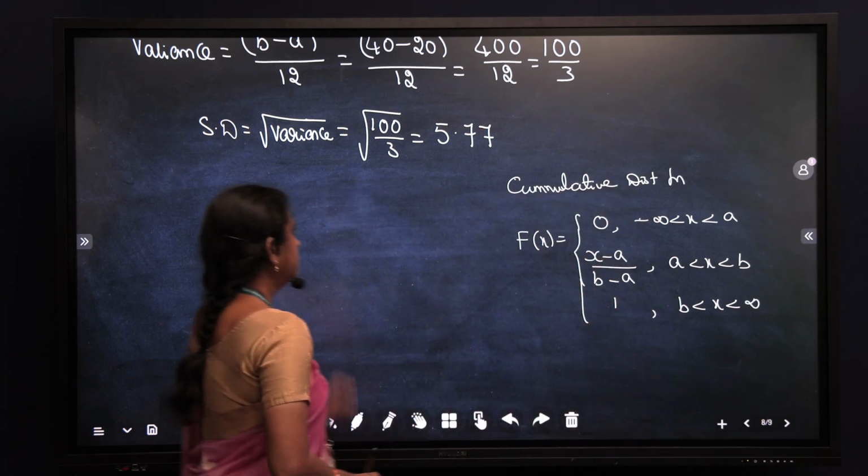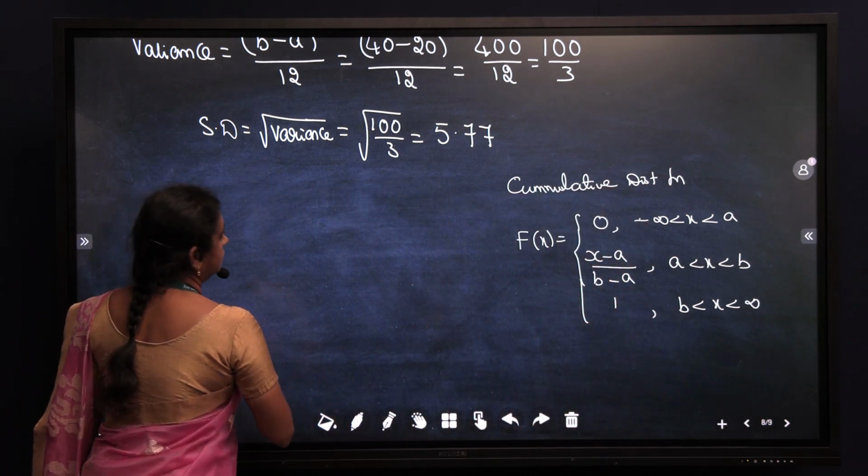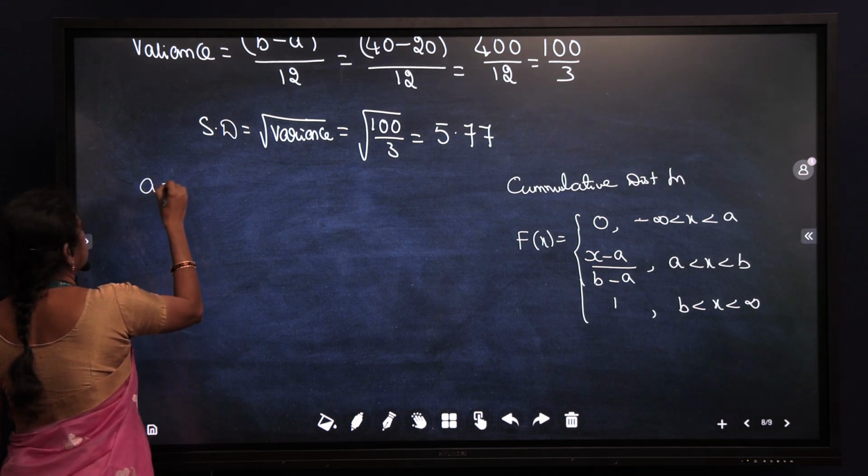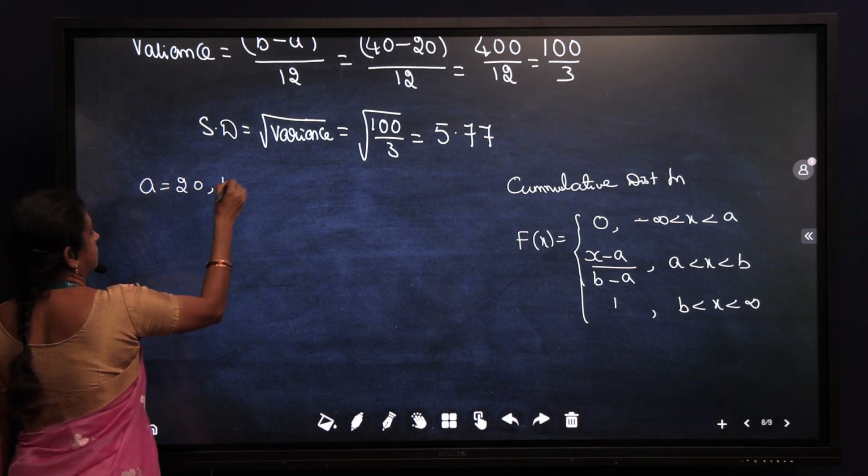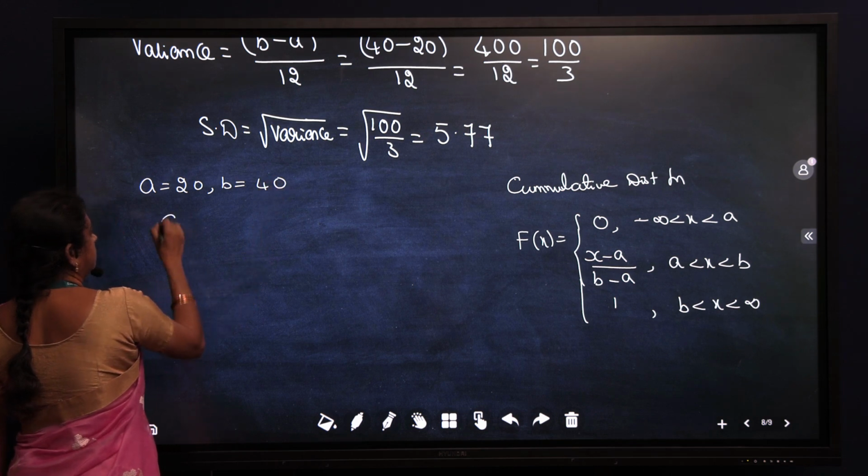Now based on this, we'll write the cumulative distribution function here, and already we know a value is 20 and b value is 40. So what will be the cumulative distribution function?